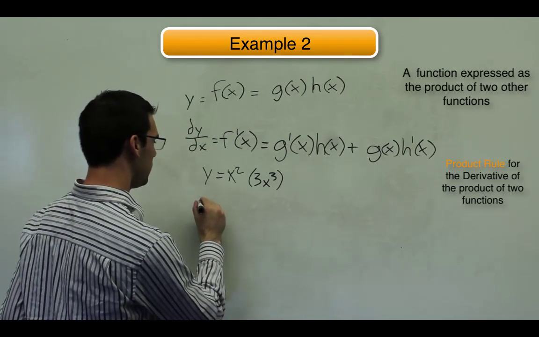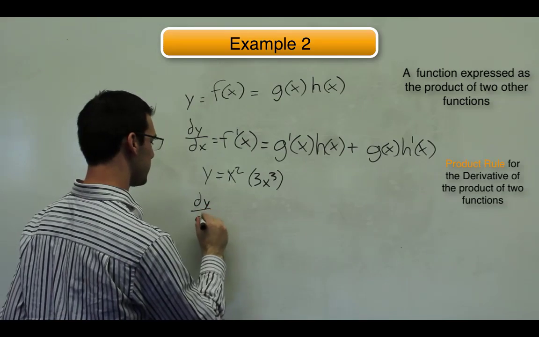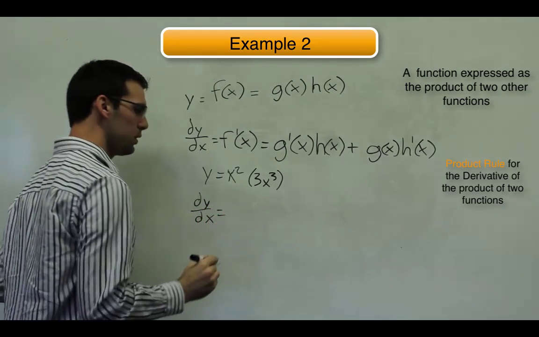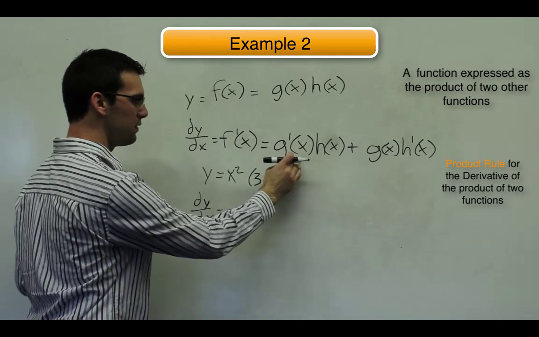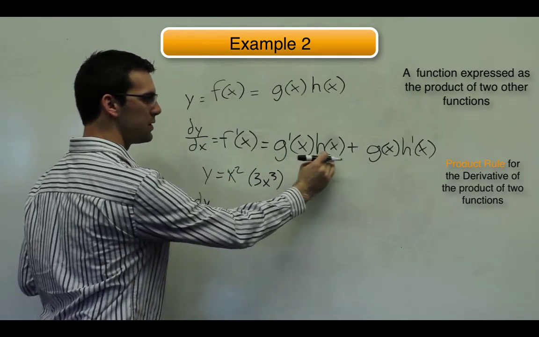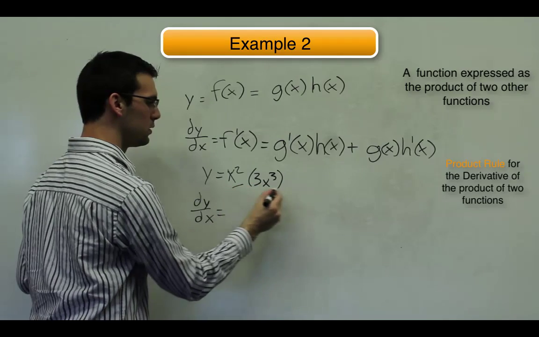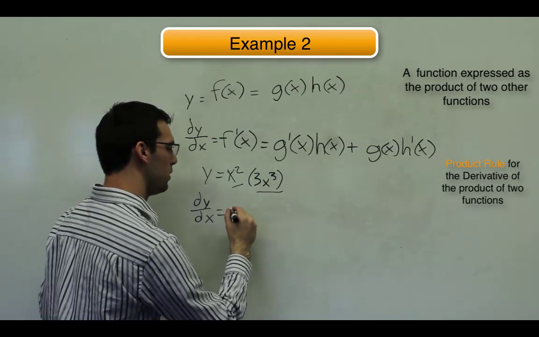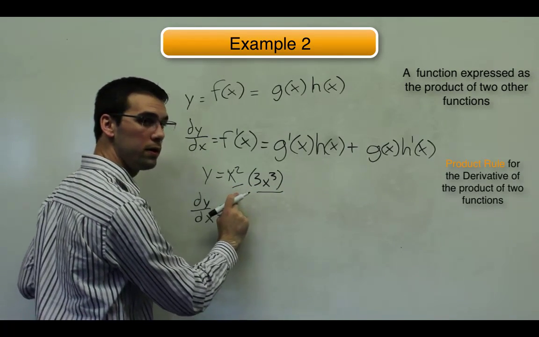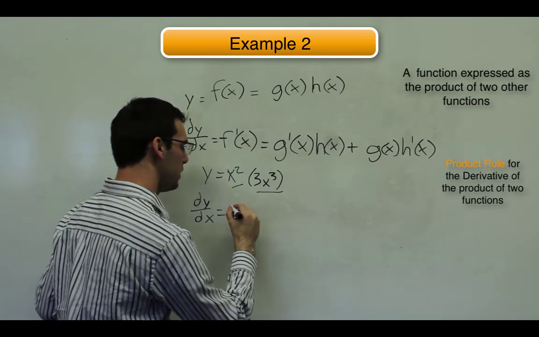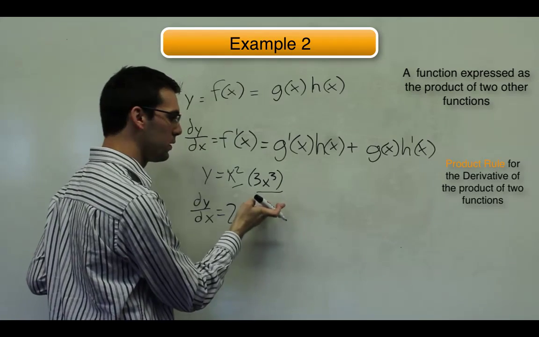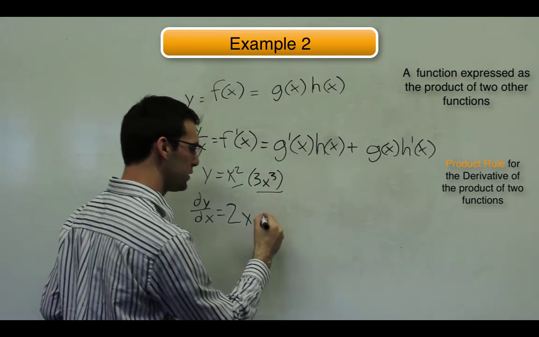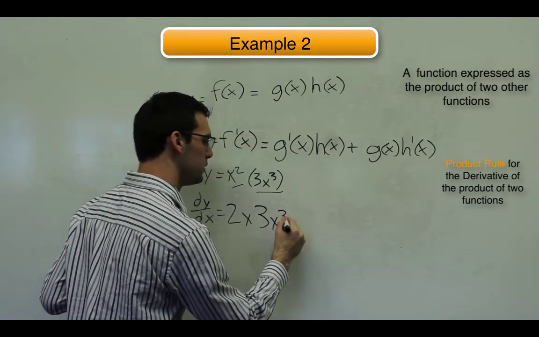So the dy over dx here is the derivative of this first function times the second function. So derivative of x squared using the power rule is 2x. And the second function, of course, is still 3x cubed.